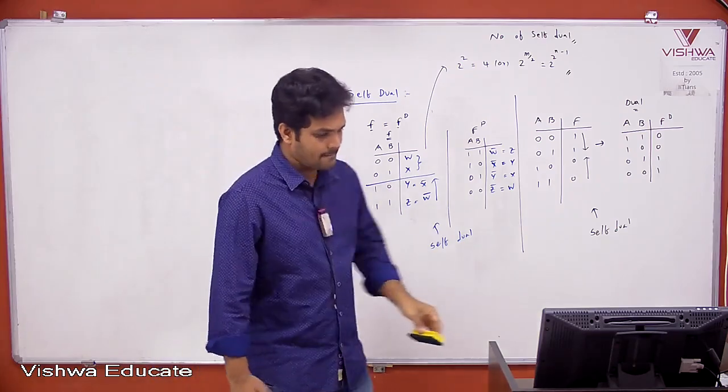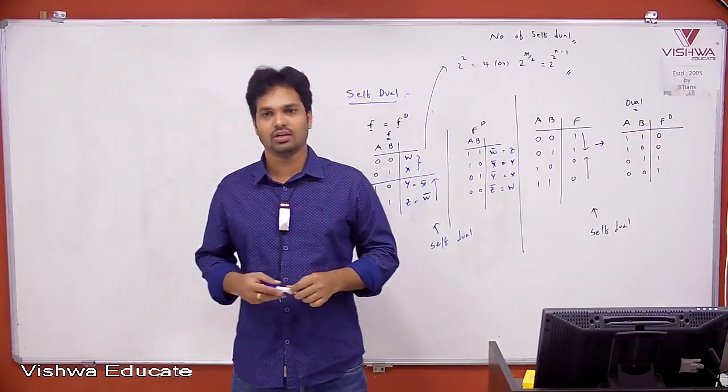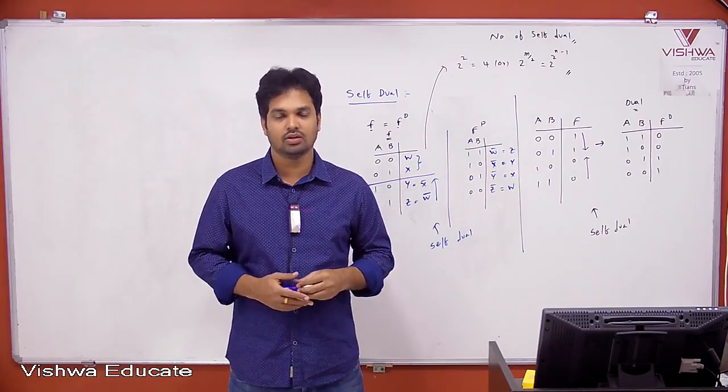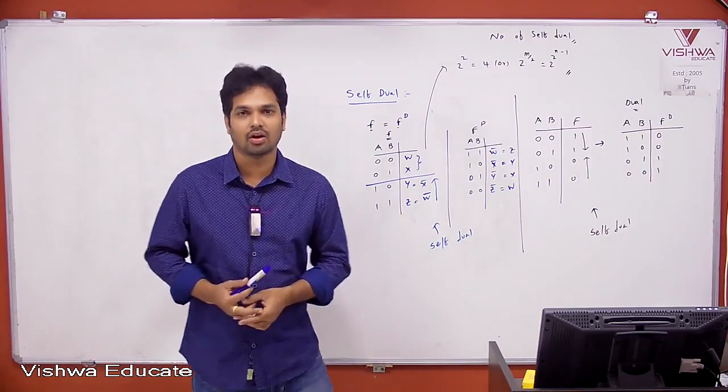Okay, that is about your min terms, max terms, SOP, POS conditions and some problems based on this. Okay, now let us discuss the next part, that is K-map, Karnaugh map.